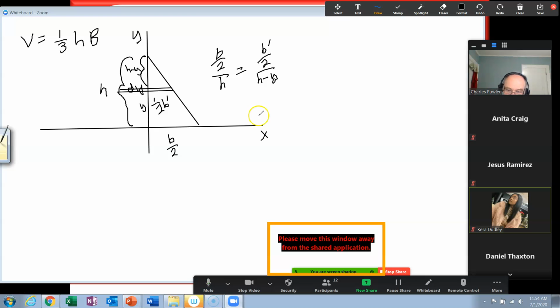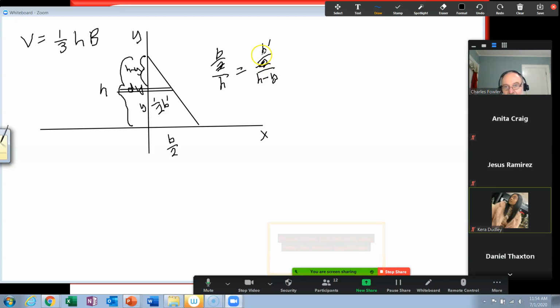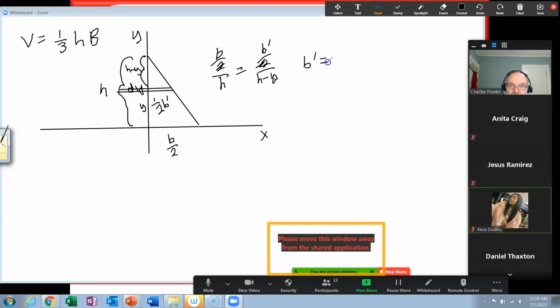That creates a proportion that we can multiply through. By the way, we can multiply both denominators by 2 with no loss of generality, so let's get rid of those 2's. Now what we have is B prime times H is equal to B times H minus y.